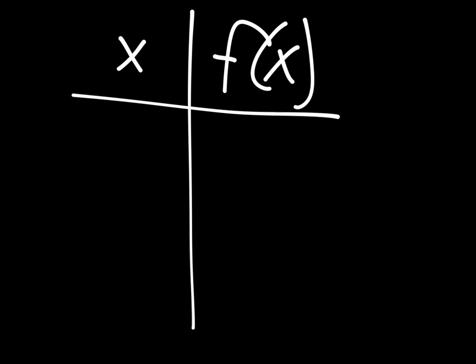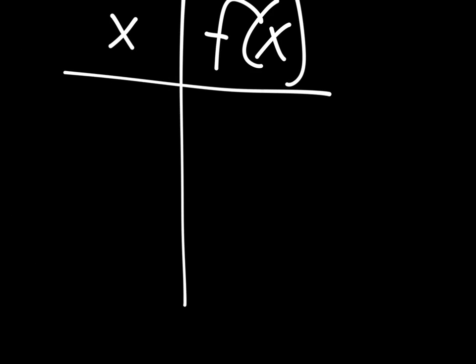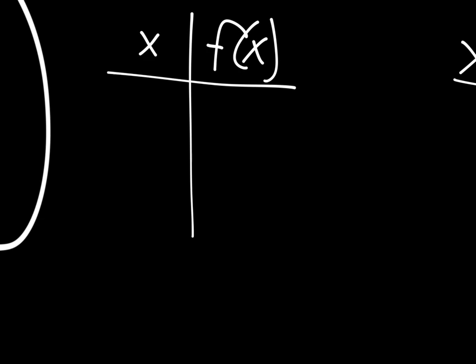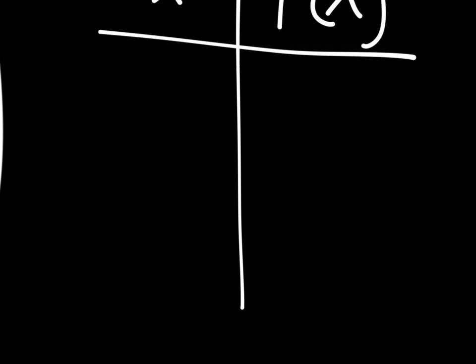If I have x and f of x, remember this is notation, right? So this is the exact same thing as x and y. So just letting you know, x and f of x. You can use whichever one you're comfortable with. If you like f of x because it looks cool, then use f of x. If you like x and y because it looks simpler, use y. Anyways, I'm going to use f of x.